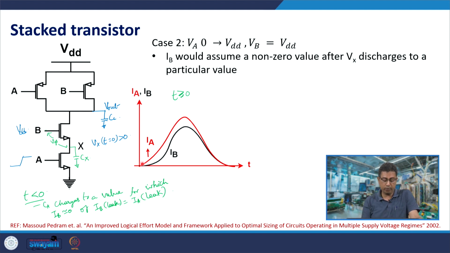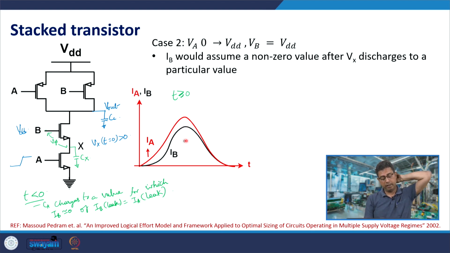And here, IA would start increasing, and IB would start increasing only when the value of Vx is below a certain value, so that VGS of transistor B has a significant value. Therefore, we find that IA would increase, IB would also increase. Later, as the value of Vx reduces significantly, IA would enter the linear regime, and IB would also enter the linear regime, because Vout has also fallen somewhat later.